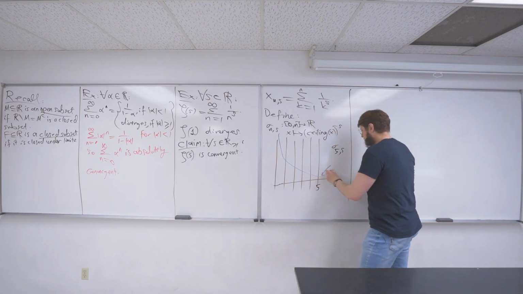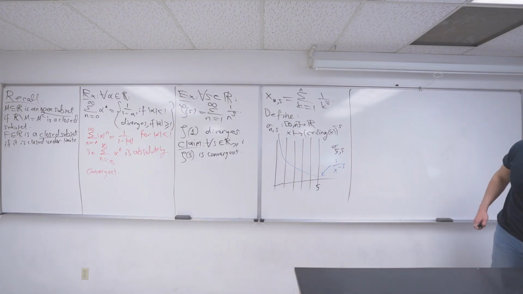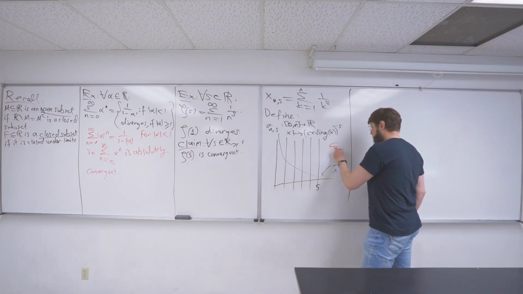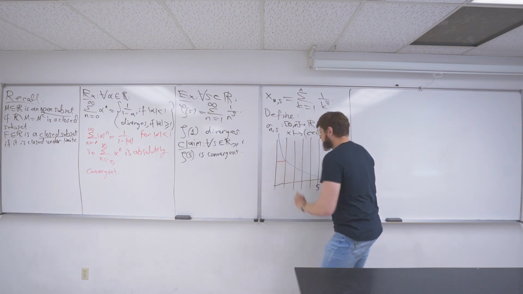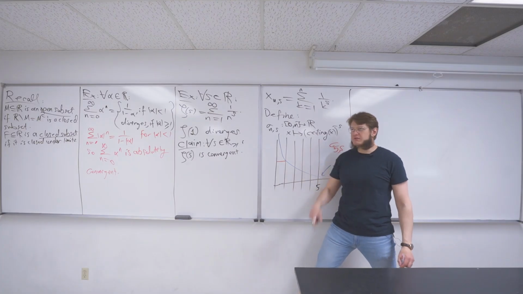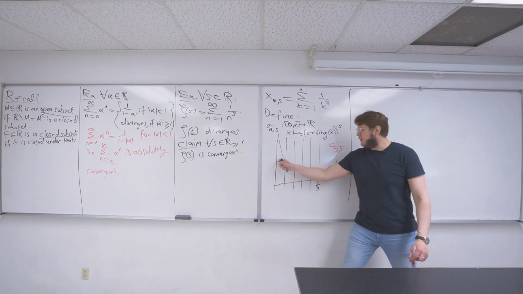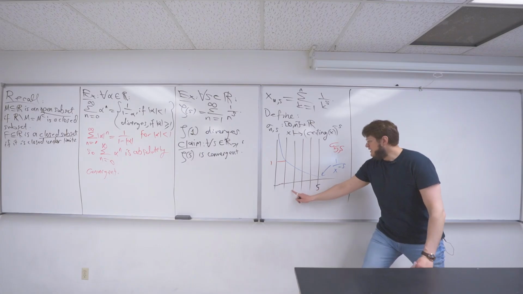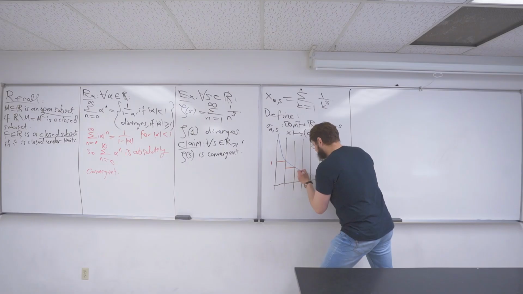And then my function is going to look like this. So between 0 and 1, it is this, because if I plug in some number between 0 and 1, the ceiling of it is 1. So the smallest integer greater than or equal to any number here is 1. So I'm just looking at 1 here. Then between 1 and 2, the ceiling is going to be 2. So I'm going to be looking at this. Then I'm going to be looking at this, and so on.